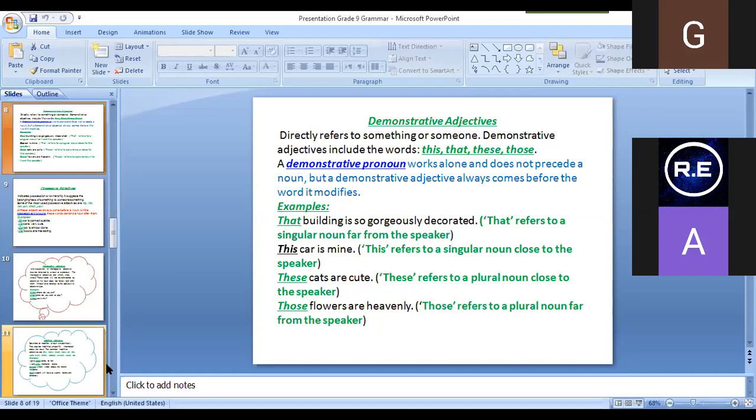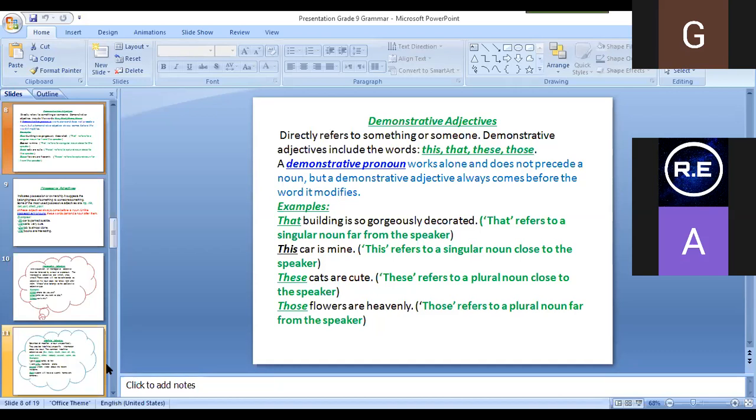So demonstrative pronouns work alone, and they do not precede a noun. But demonstrative adjectives always come before the word that they modify. For example, when we look at the first one, it says, that building is so gorgeously decorated.